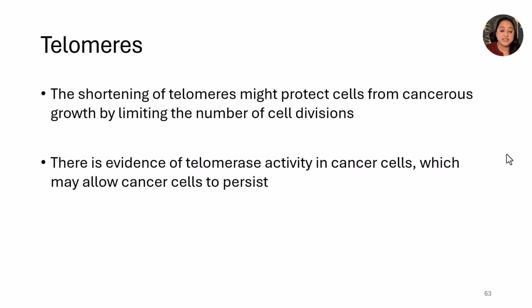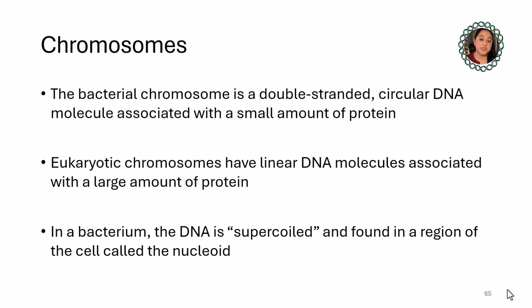And there is evidence of telomerase activity in cancer cells, which is what might allow some cancer cells to persist. For example, there is a cell line called the HeLa cells, and they have an overactive telomerase, and so they can divide indefinitely in a petri dish as long as you keep feeding them, because telomerase is overactive and keeps adding telomeres, and it's not limiting the cell growth, divisions, things like that.